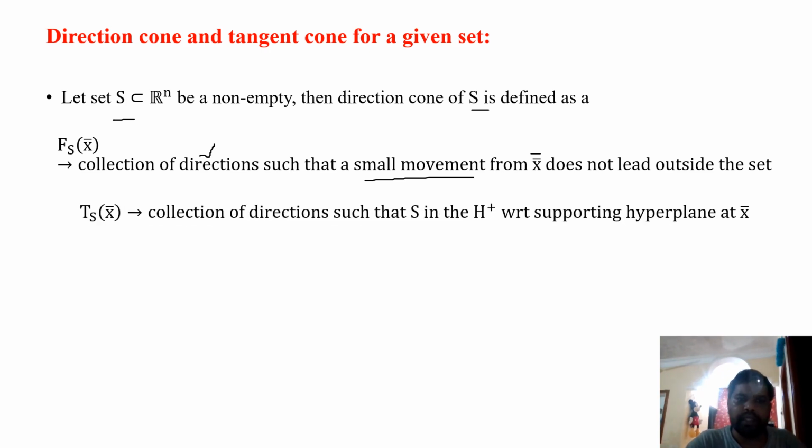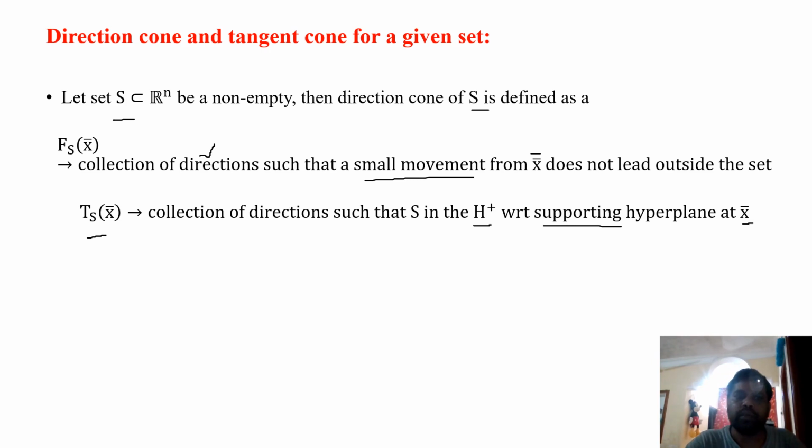Similarly, what is the tangent cone? The tangent cone is talking about directions such that S is in the positive half space of a supporting hyperplane. Remember that we are talking about a very specific kind of separating hyperplane, the supporting hyperplane at point x bar.